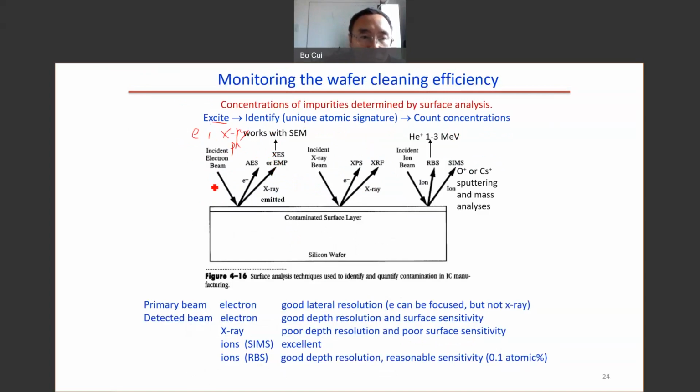The incident primary beam can be electron, X-ray or ions. This is electrons. The good thing for the electron is that it has good lateral resolution because electrons can be focused very easily.